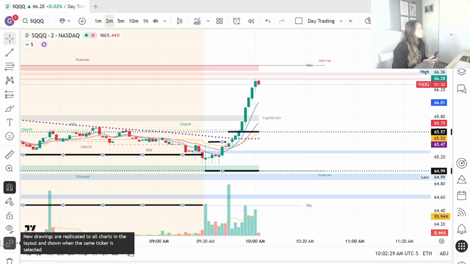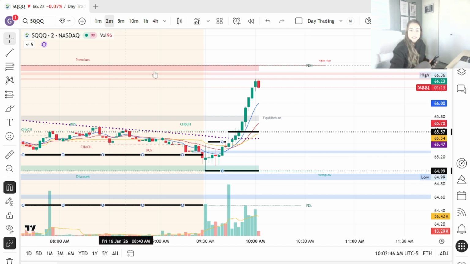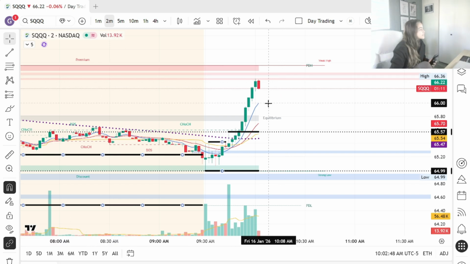NASDAQ is oversold right now, and it's trying to reverse. I'm out. I'm closing my position.